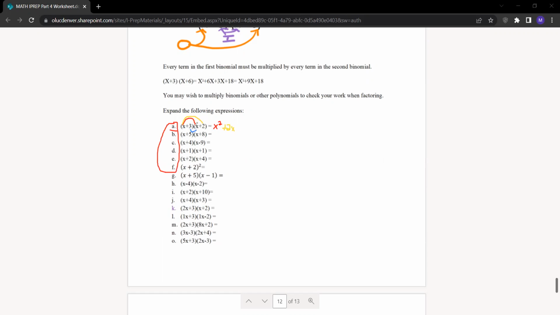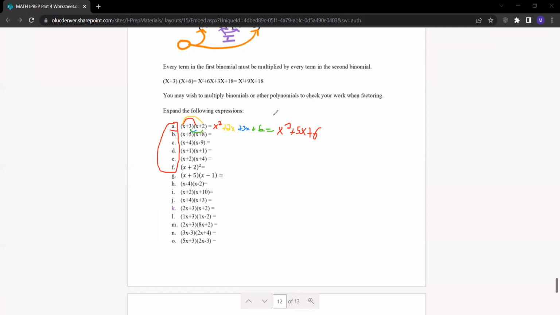We do inside, 3 times x. And then we do last, so 3 times 2, which is 6, right? And then all we have to do is combine our like terms. So 2x and 3x combine to 5x. So we have x squared plus 5x plus 6. That is our final answer.